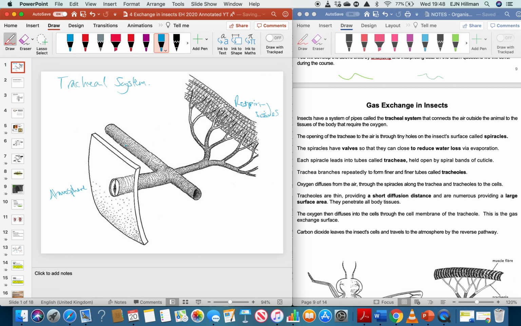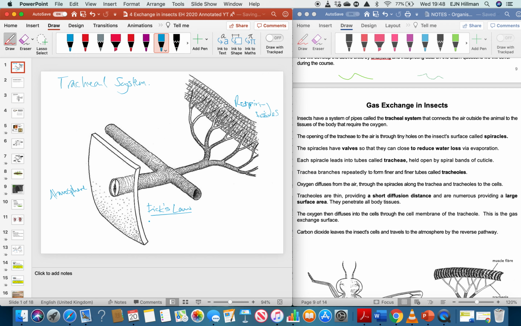Okay, just before we go on, it's really worth remembering that just as with all of these gas exchange systems and with exchange generally, it's worth reminding ourselves of Fick's law.